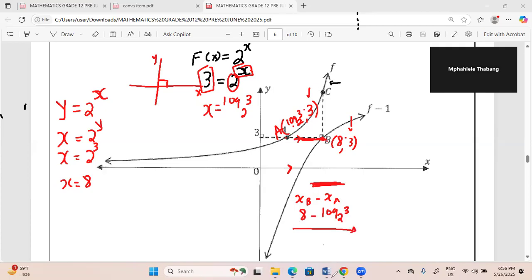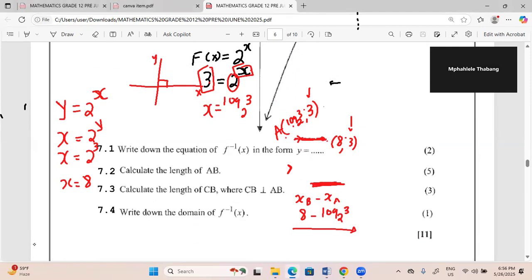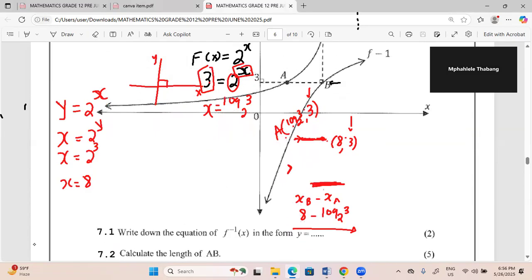So it's 8 minus log 3 base 2. Let me check what the question was: calculate the length of AB, 5 marks. I'm getting 8 minus log 3 base 2.